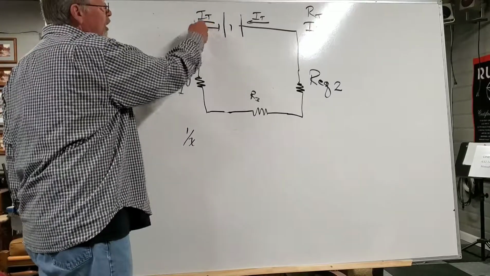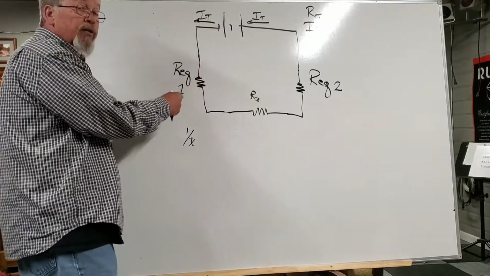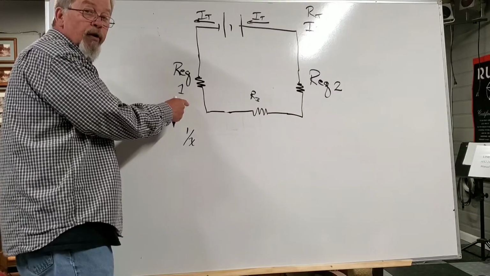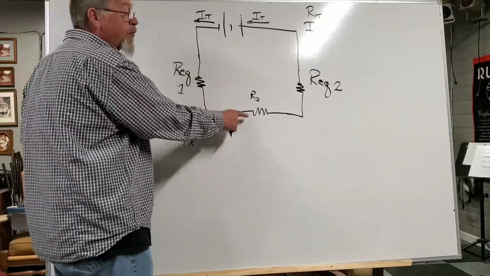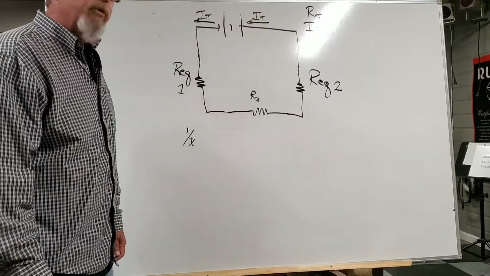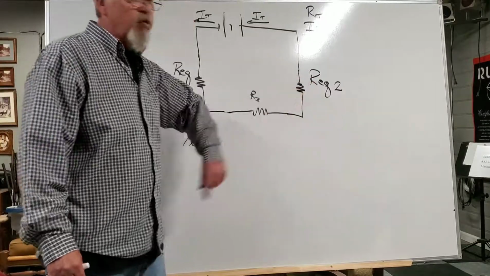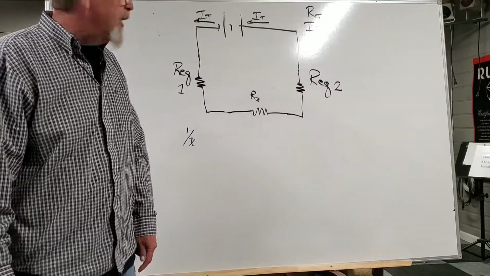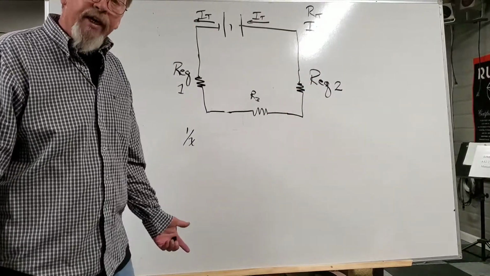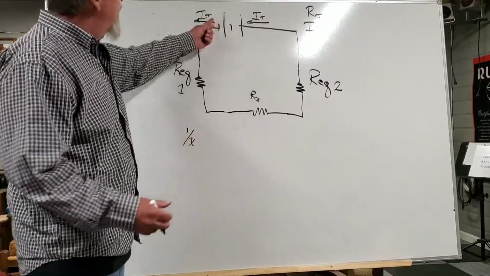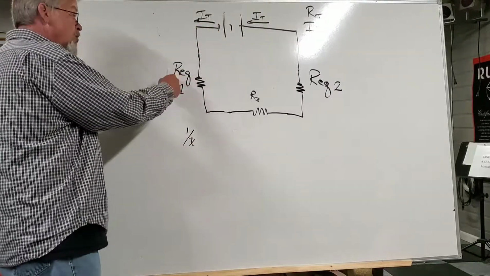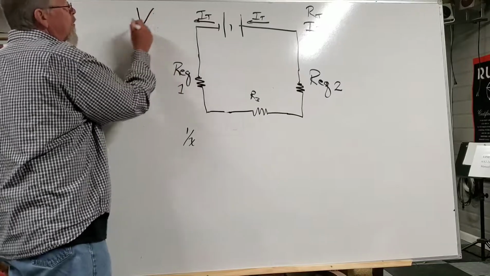So total current is flowing through equivalent resistance number 1. But look, it's also flowing through resistance number 3, and it's also flowing through equivalent resistance number 2. And just like in series, I can take my total current and multiply it times my resistance. Look, it's Ohm's law, folks.